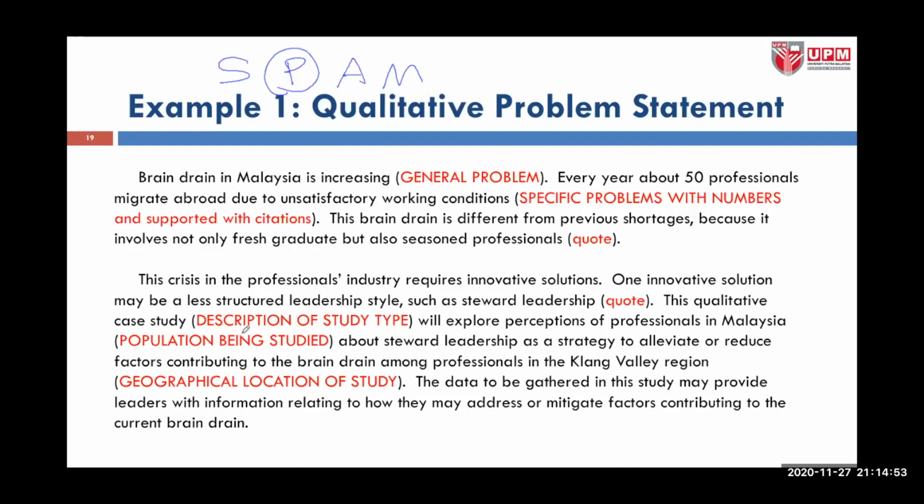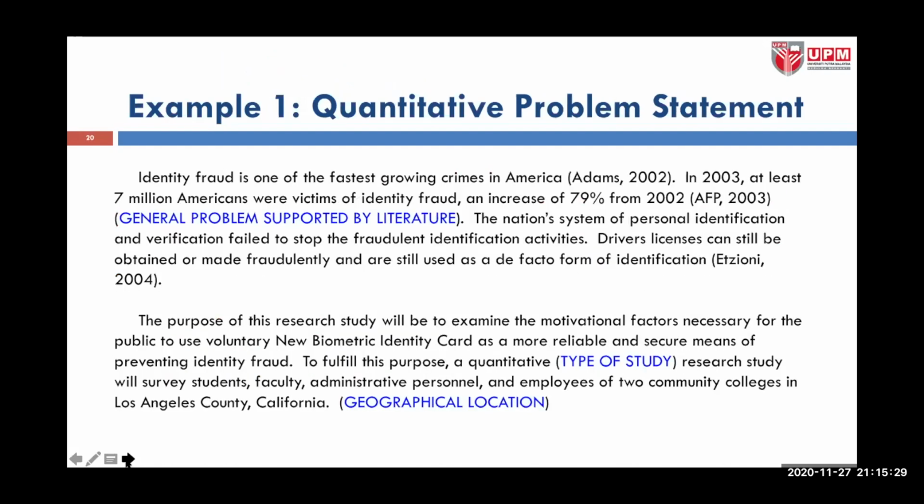So you may have some elements of the problem, but you do not have to write a very long title, 3 lines of title. It has to be simplified, because there are limits on the number of characters. In UPM we also count how many words you use for your title. It cannot be too long. Is that okay? Yes, got it. Okay, so we'll look into more detail of your title later on. Now is there any other question from other students?